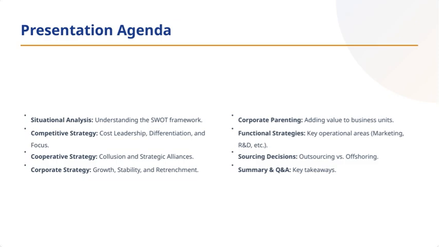We'll also review situational analysis, emphasizing the SWOT framework: strengths, weaknesses, opportunities, and threats. That helps us understand the internal and external environment. Throughout this presentation, these points connect to the bigger picture of how organizations develop strategies to succeed in dynamic markets.